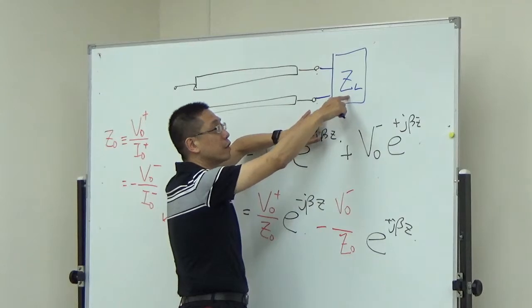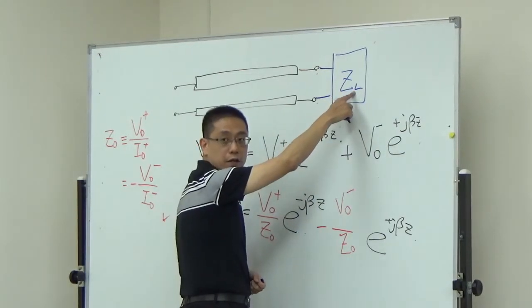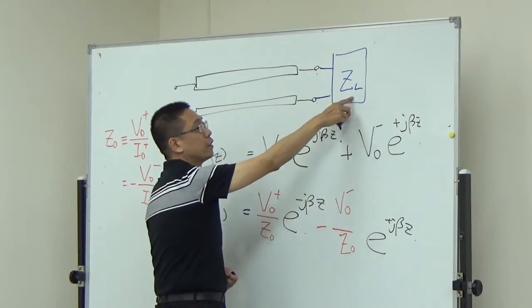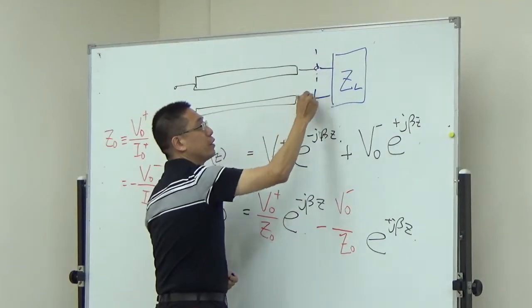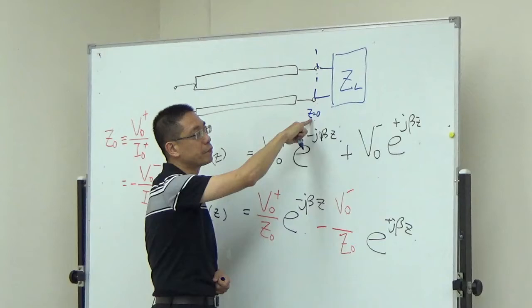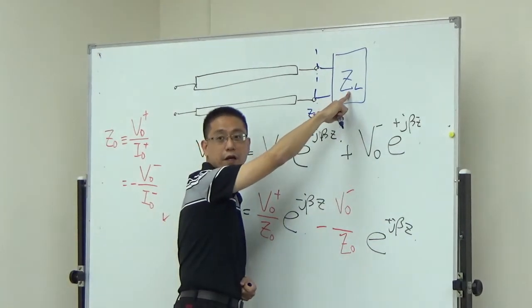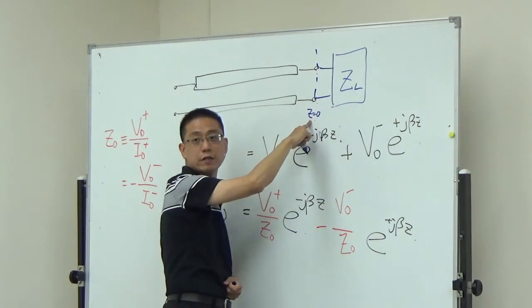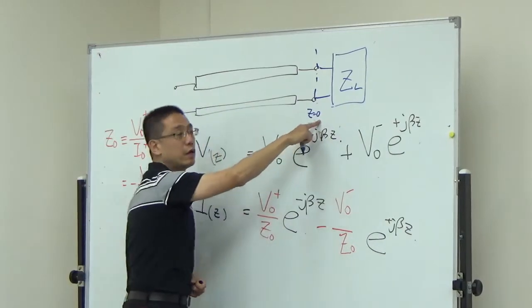It is ZL, which is at the position z equals 0. This is a position and this is the impedance. They are different. This is the position z equals 0.